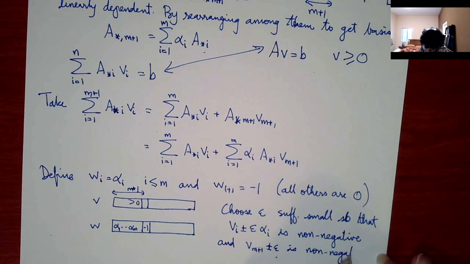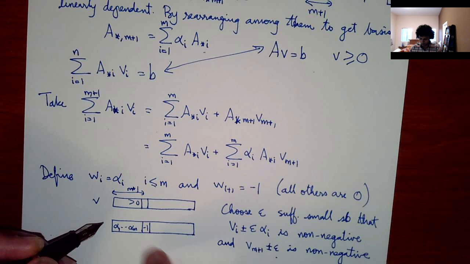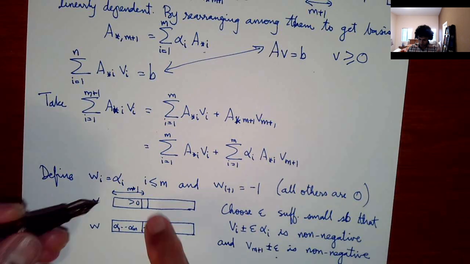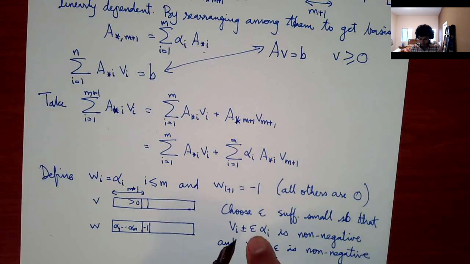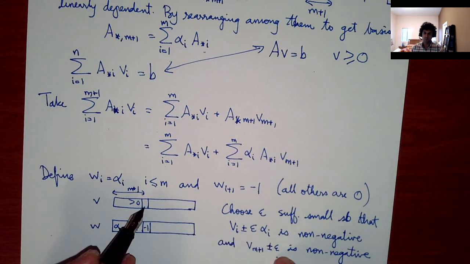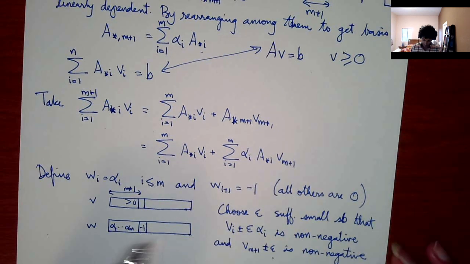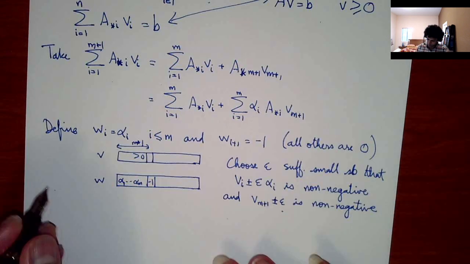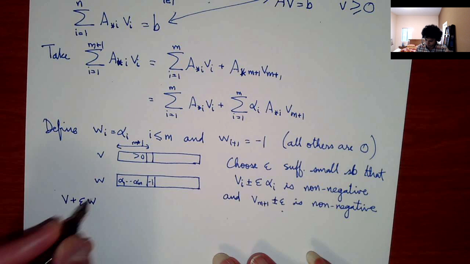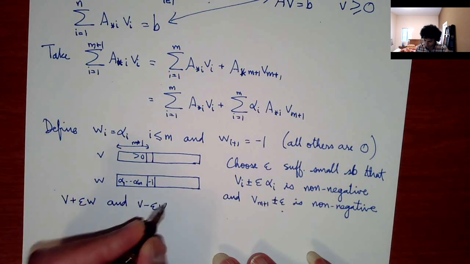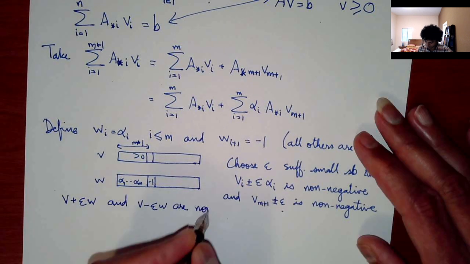So I'm just saying that I choose epsilon to be sufficiently small so that when I add epsilon times alpha i, or subtract epsilon times alpha i, from Vi, it will remain non-negative. So observe that V plus epsilon W and V minus epsilon W are non-negative.